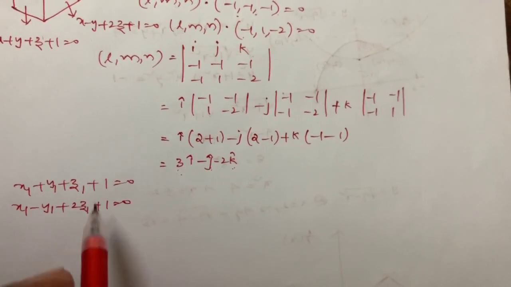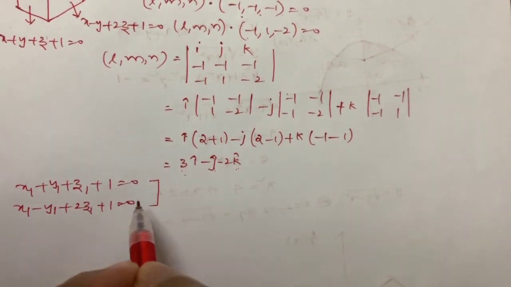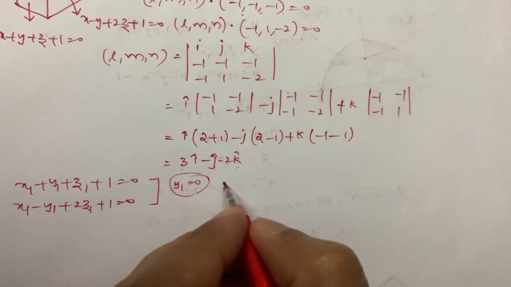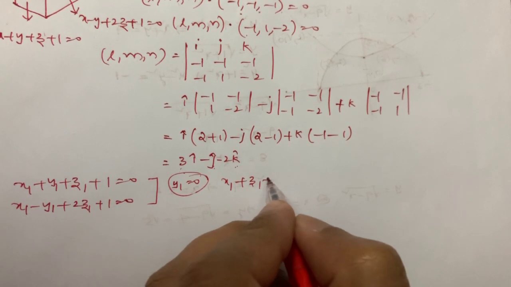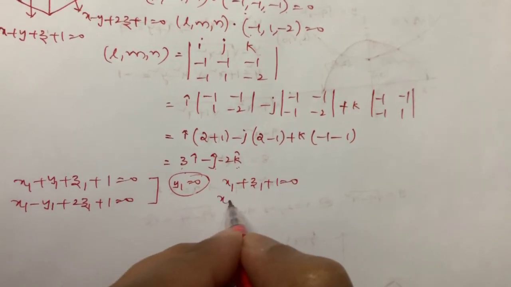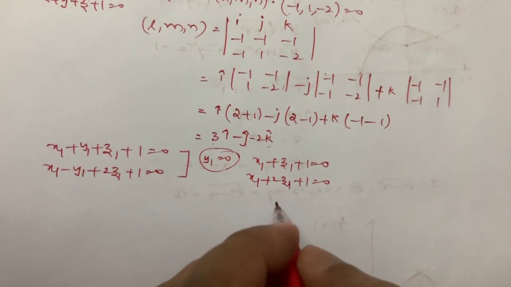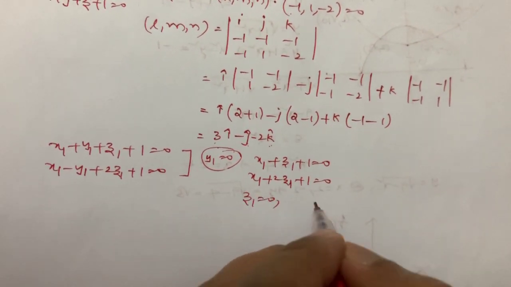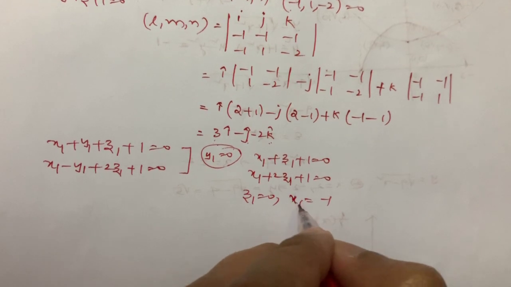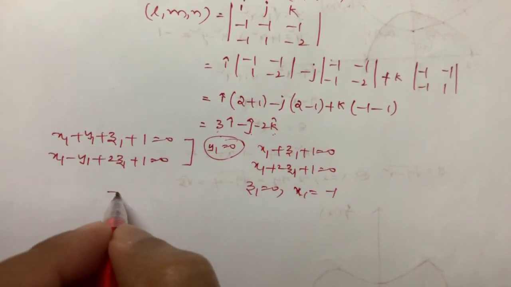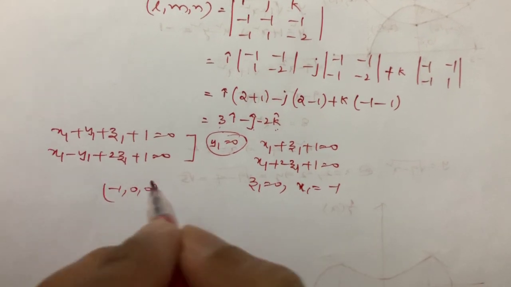So, in order to solve this, I will make y1 = 0. Then x1 + z1 + 1 = 0 and x1 + 2z1 + 1 = 0. From this we can say z1 = 0, x1 = -1. So, the point on the line is (-1, 0, 0).